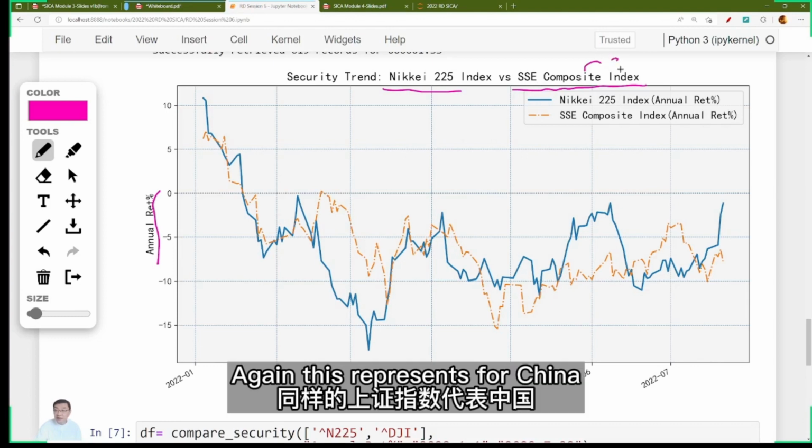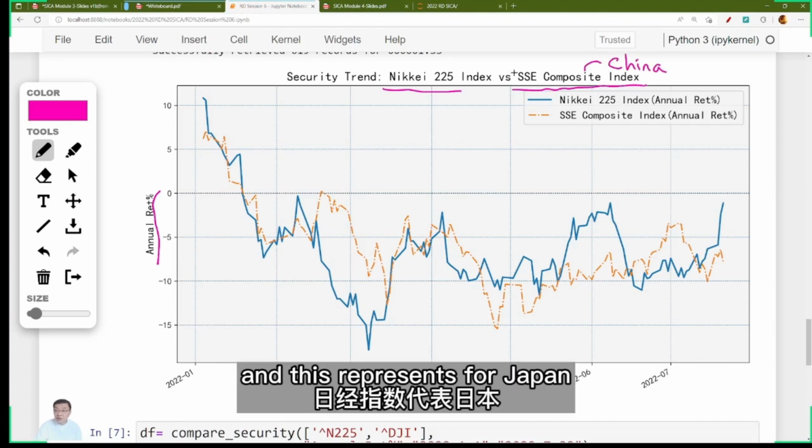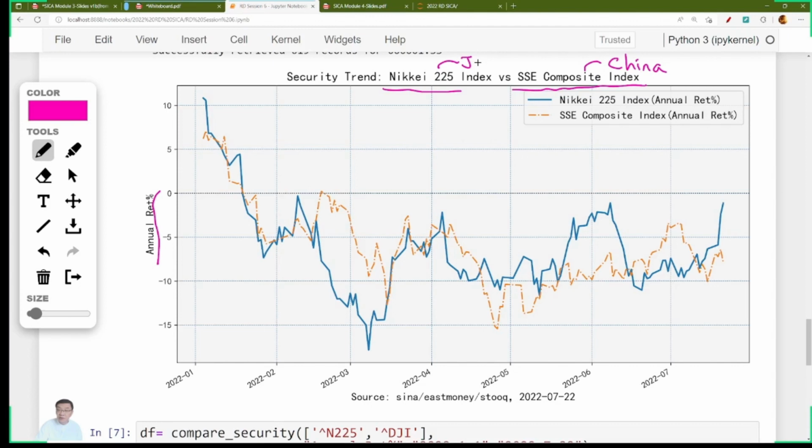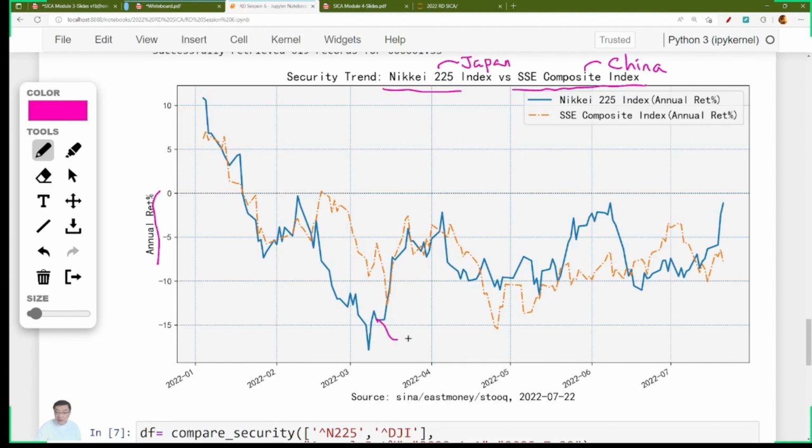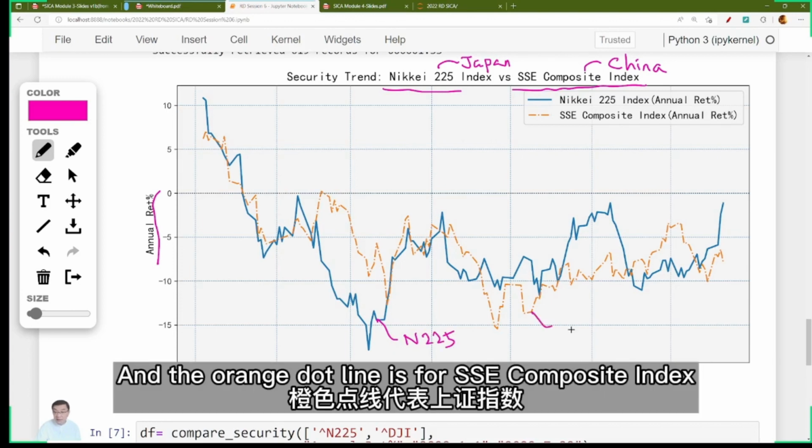Again, this represents China, and this represents Japan. The blue solid line here is Nikkei 225, and the orange dotted line is for the SCSC Composite Index.